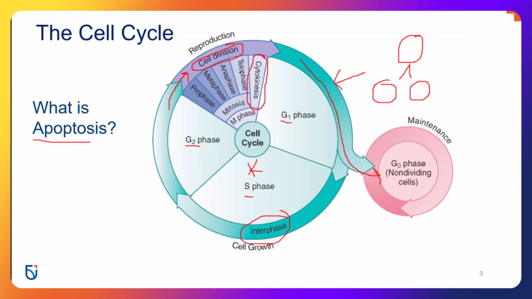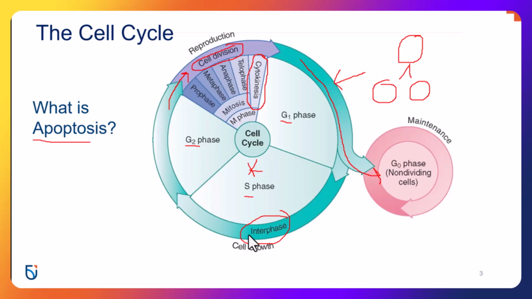Apoptosis, a term that will come up quite a bit. This is defined as programmed cell death. It is this controlled and intentional process where damaged or unnecessary cells are safely removed. So it's not accidental. This is a protective mechanism. If a cell is abnormal and we can't fix it, we need to send that cell to death. Otherwise, problems will ensue.